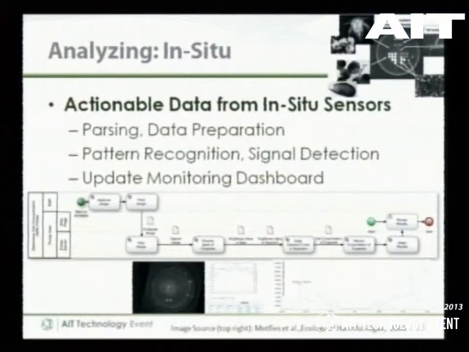Okay, then analysis. The robot that we work with uses a type of detection which is actually image-based. So it takes a sample of water, it does a lot of chemical processing on it inside the robot, and in the end, it produces an image which has a grid of points. And each of those points, the brightness of that point corresponds to the concentration of that organism in the water.